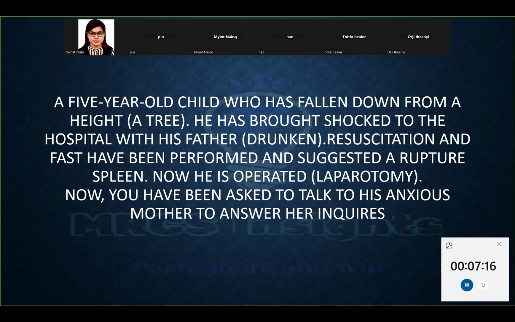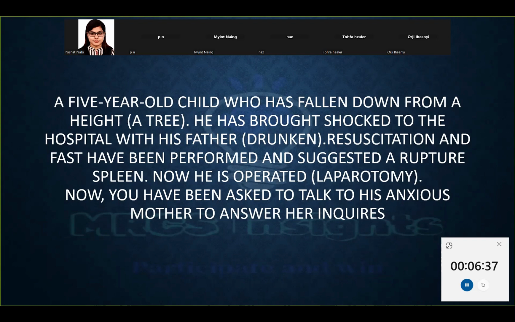A ruptured spleen is definitely a serious condition, but we can assure you that your child is in very good and experienced hands. Our consultant is a very good surgeon. We can just hope that your child gets better after the operation.